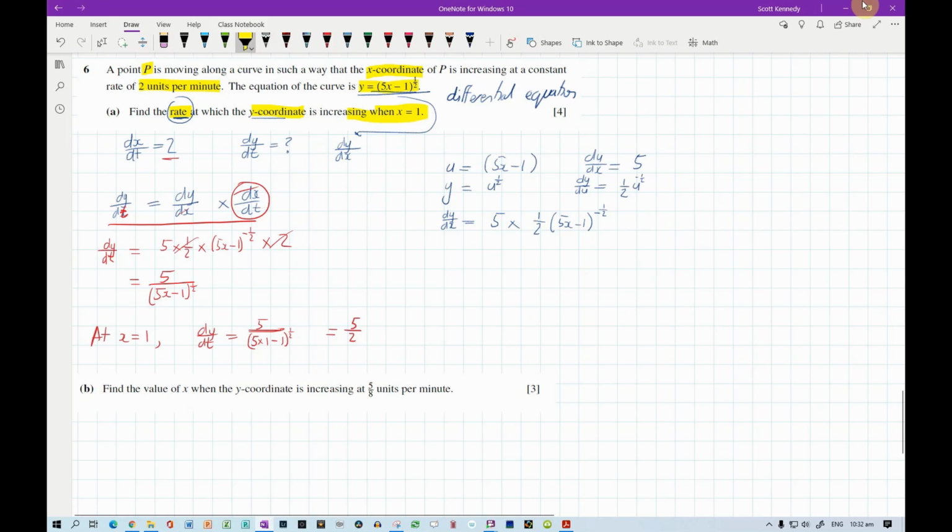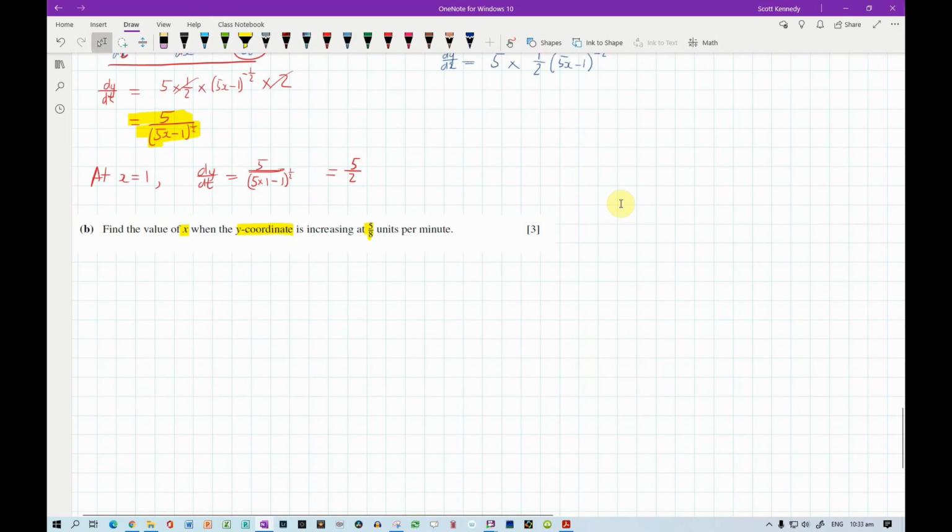Okay, now find the value of x when the y-coordinate is increasing at 5/8 units per minute. So we are going to take our dy/dt and make that equal to 5/8, because the rate of increase of y is 5/8.